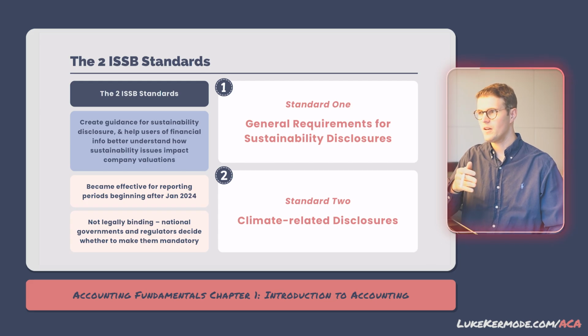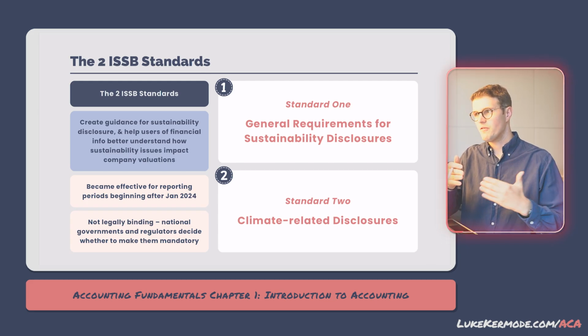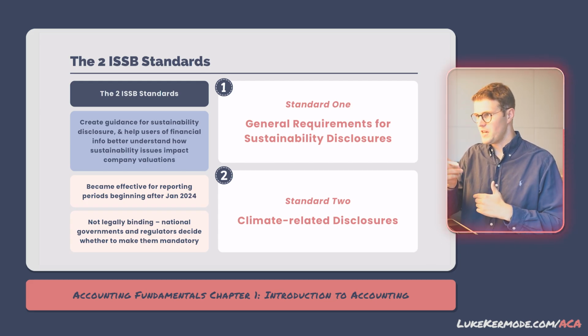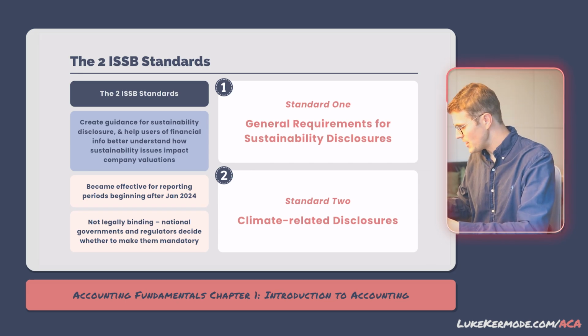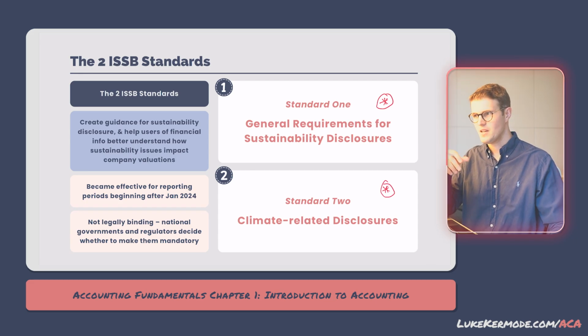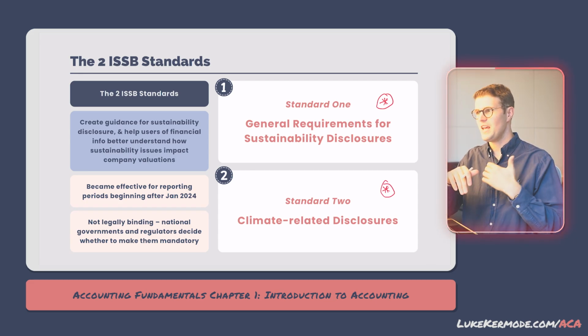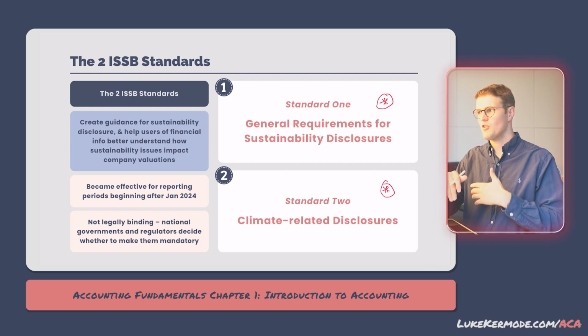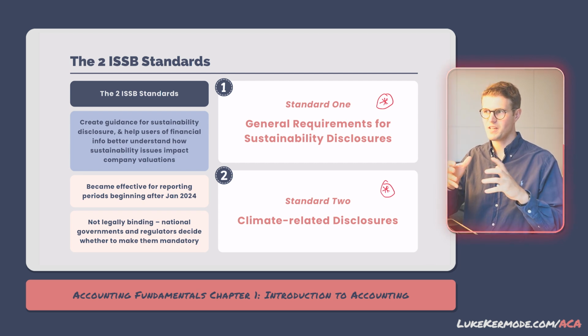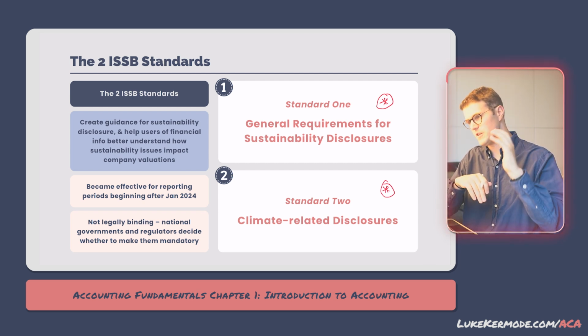You have Standard 1, the general requirements for disclosure of sustainability-related financial information, and you have its second standard, climate-related disclosures. These standards are designed to help investors better understand how ESG issues such as climate change, resource scarcity, and social risk affect a company's valuation over time.